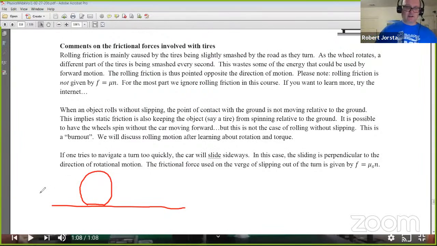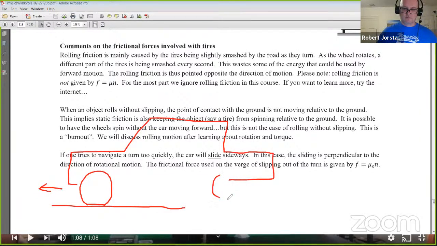So when you're driving in a car this way, I'll just draw the rest of the car really quick. This is kind of a weird car, but whatever. The idea is the tire gets smushed a little bit.